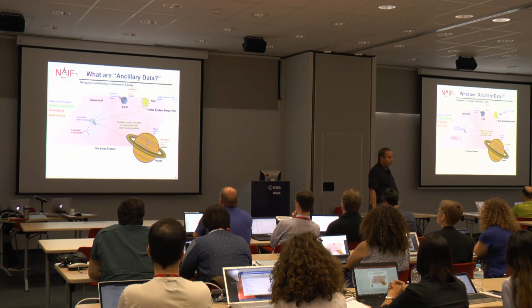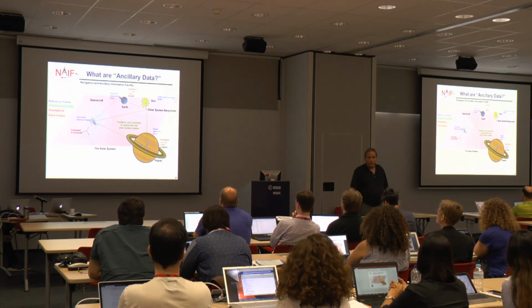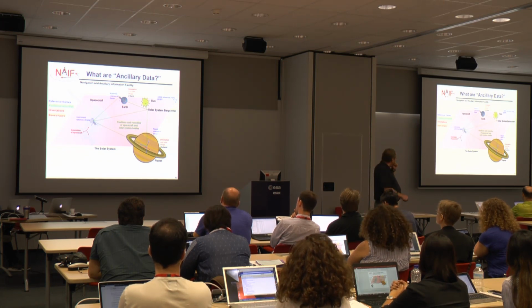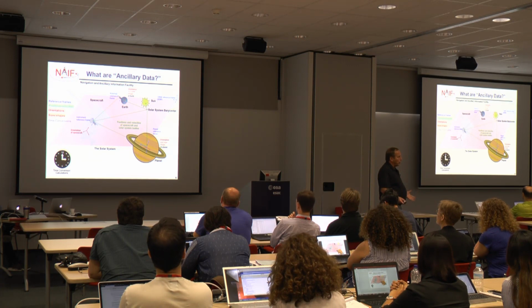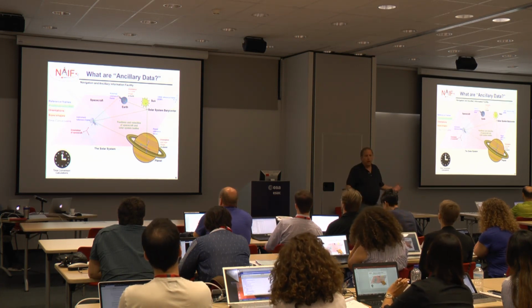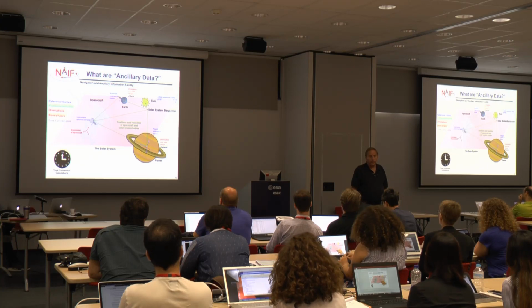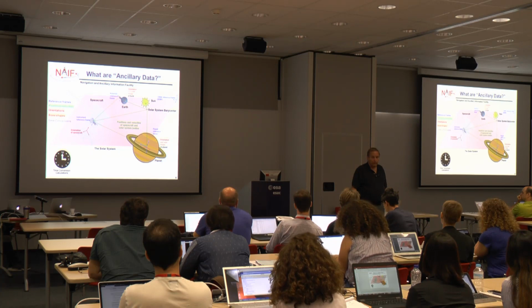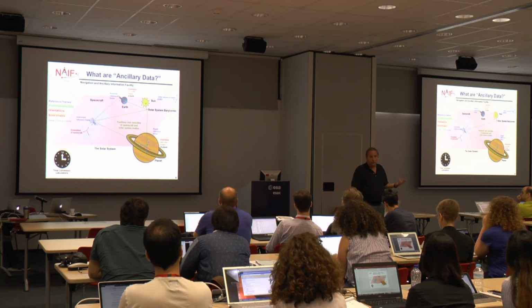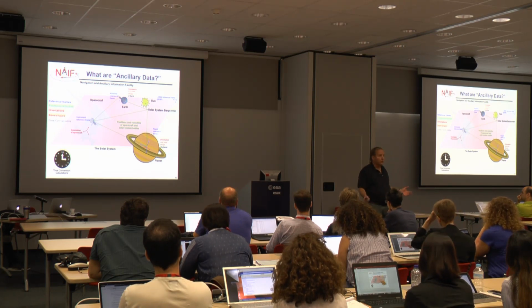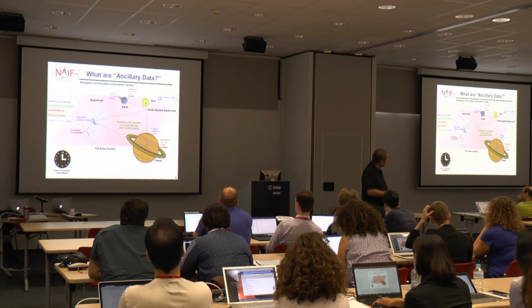And for natural bodies, we can also obtain the size and shape of those bodies. Underlying all of this are time systems. Time is the independent variable that connects all of the SPICE data together. And in planetary science, at least, and in some of the other kinds of space science, there are multiple time systems used, and you have to be able to understand them and convert time tags between these systems. You'll be hearing more about that during the class.